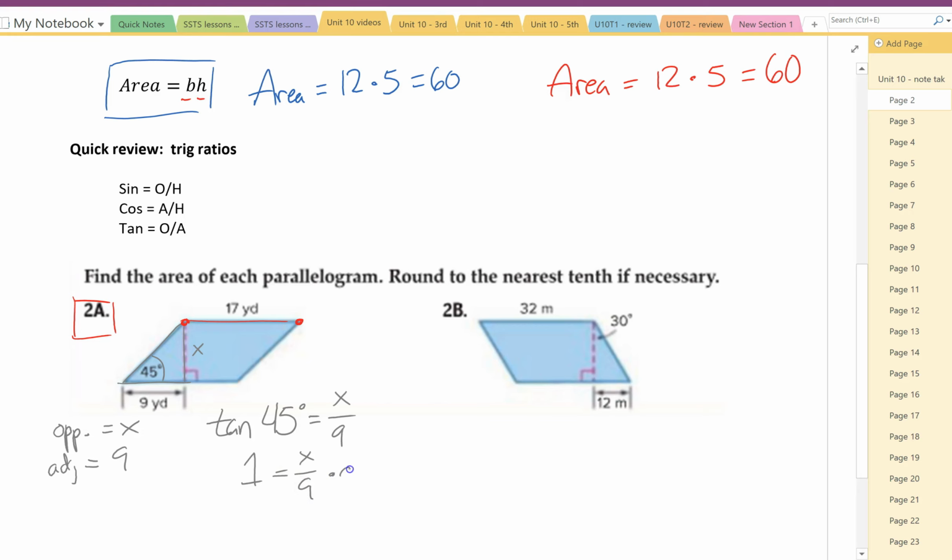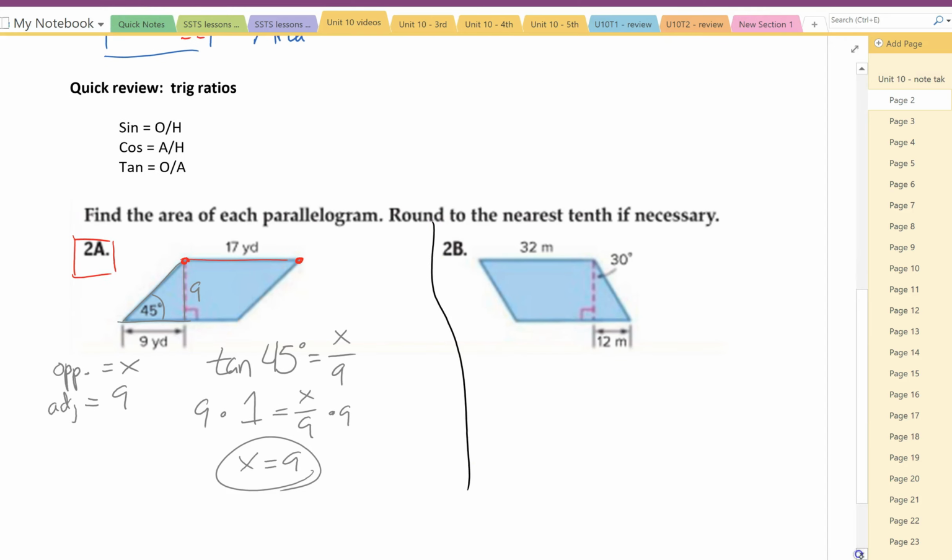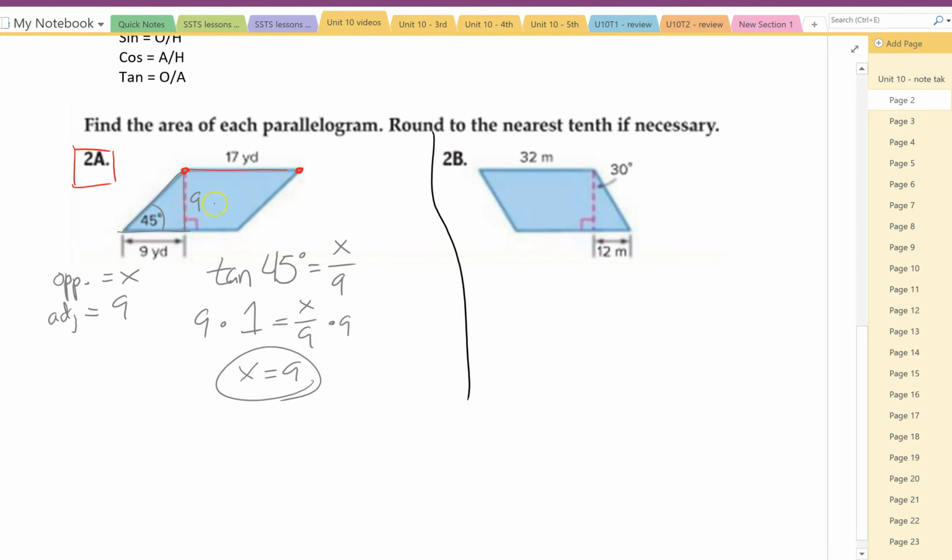I want to get rid of that 9, so I'm going to multiply by 9 on both sides. So x is just 9 right here. So this side that I didn't know before, this height, is 9. So now all I have to do to figure out the area of this parallelogram is multiply the base by the height.